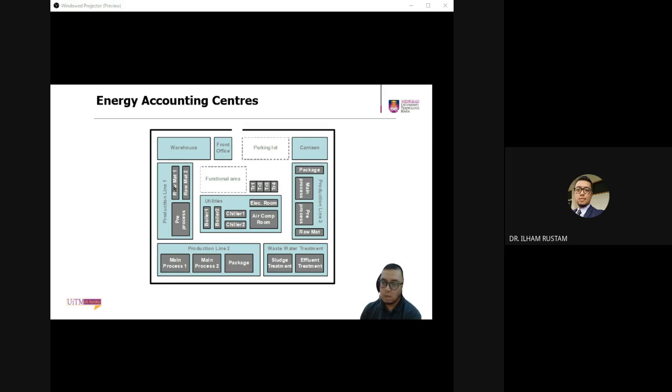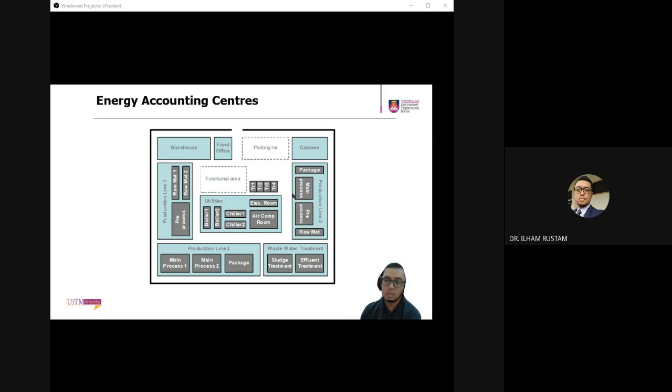Even though there are different sets of production lines, since they are using the same steam generation system, production line 1, production line 2, and production line 3 can be compiled together as EAC 1, for example, because the same steam is being used for the whole process.